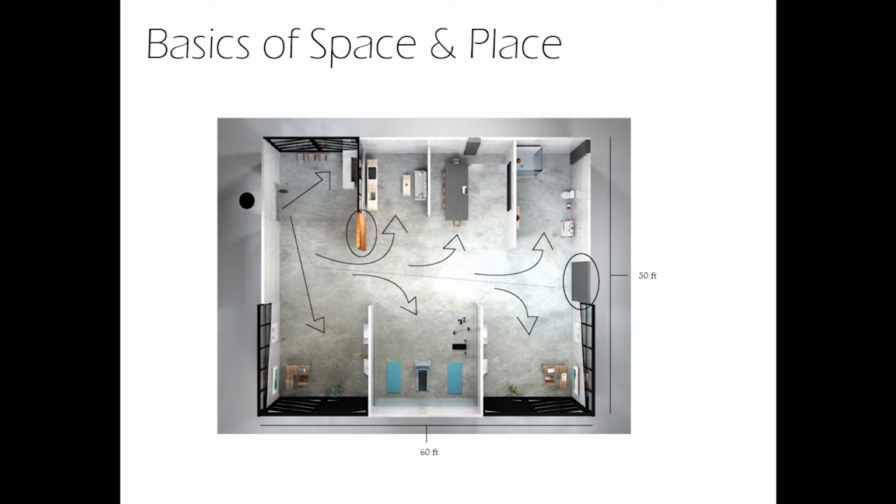The circulation system and traffic flow are the arrows within this slide. The only entrance for this office is that blue dot. And so there are a lot of different places to go through that main dotted line.